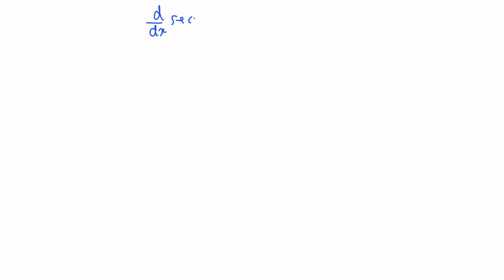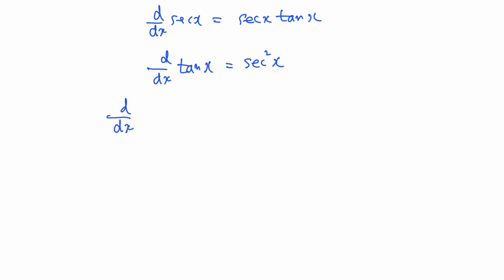d/dx of secant x is secant x tangent x, right? d/dx of tangent x is, what do we get? Secant squared x, right? What happens if you add them together? d/dx of tangent x plus secant x.